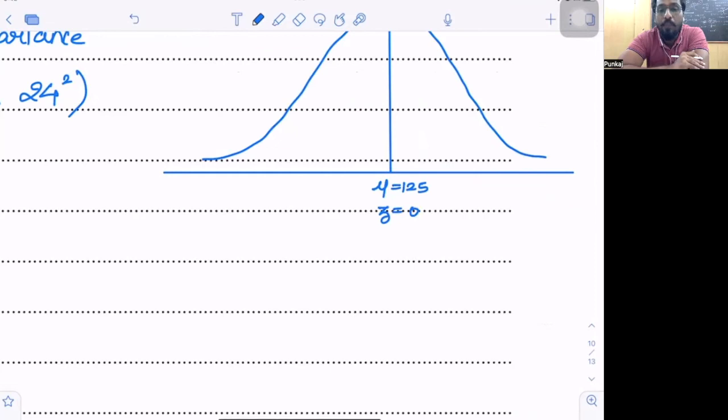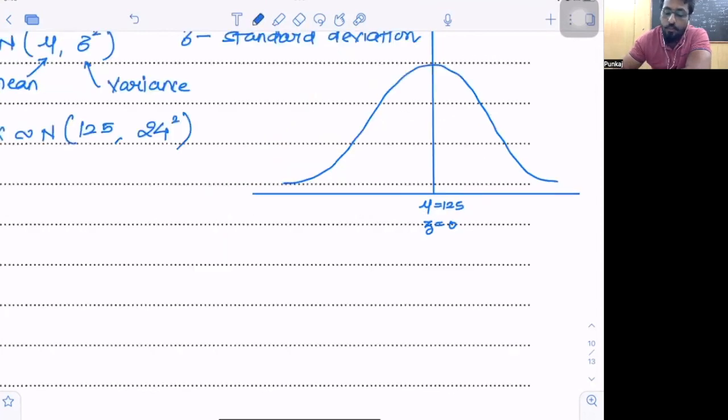So this is z bar, you can say. The standard normal variable is denoted by z, and where the mean of x is 125, the mean of z becomes 0. You want to really know this well. x has mean x bar, z has mean z bar. So x bar is 125, z bar is going to be 0. Now let's proceed further.